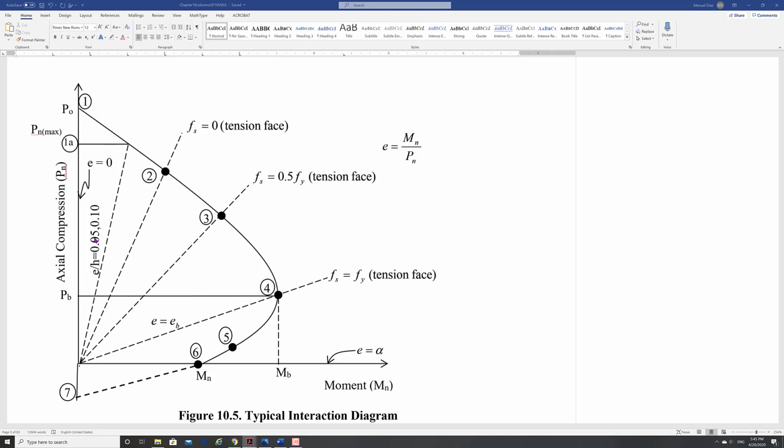Notice that for a tied column, the chopped off point here, which is your P sub n maximum, corresponds to a value of 0.10 of e over h. So your eccentricity is 10% of h. Any point that is within that eccentricity, 0 to 10%, will give you the same maximum. After that, your maximum axial loads start changing with the moments. For the spiral it is 5%.